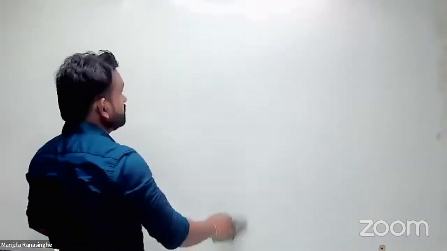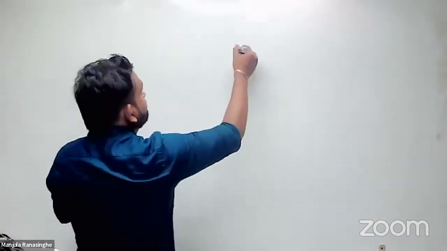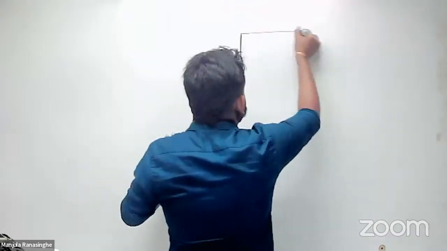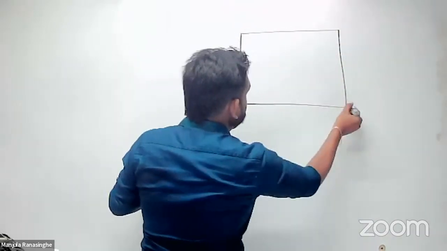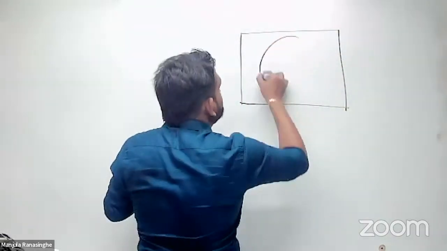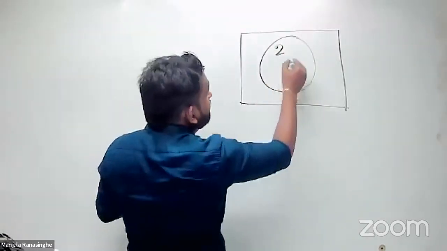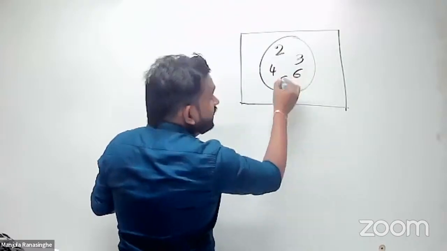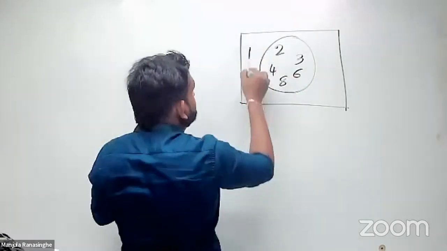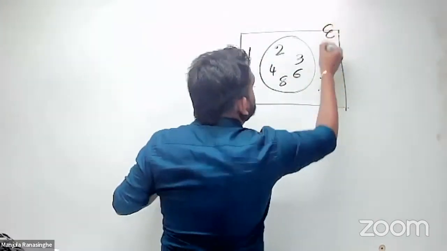Now the next question. In last year's O level we can also see questions with these elements. So this is the set. Here you have 2, 3, 4, 6, 8 inside, and outside we can see 1, 5, 7. So what is the question asking?